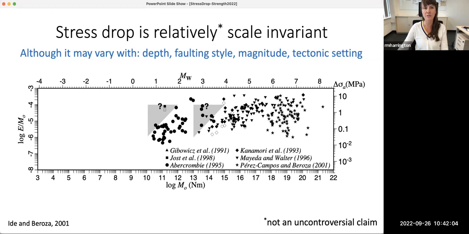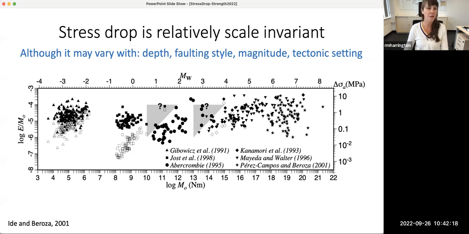And so when I say that stress drop is relatively scale invariant, I am adding the qualifier that I do acknowledge this is not necessarily an uncontroversial claim, particularly when we start looking at smaller earthquakes. So this is from a paper by Ide and Beroza from 2001, where they were looking at a compilation of data sets and doing a spectral correction to account for energy which may have been lost or not observed because of observational constraints in the bandwidth of the observation.